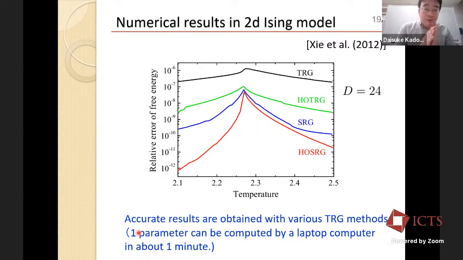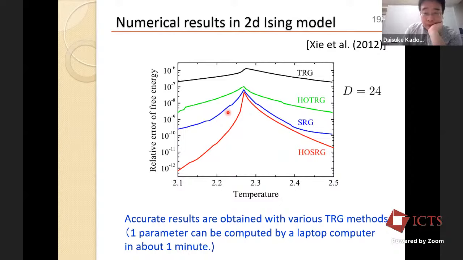And this figure shows numerical results of free energy in the two-dimensional Ising model. The two-dimensional Ising model is an exactly solvable model, so we know the exact value of free energy. And the y-axis represents the relative error of free energy, and the x-axis is temperature.